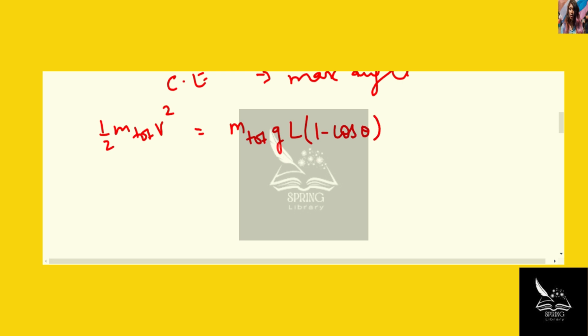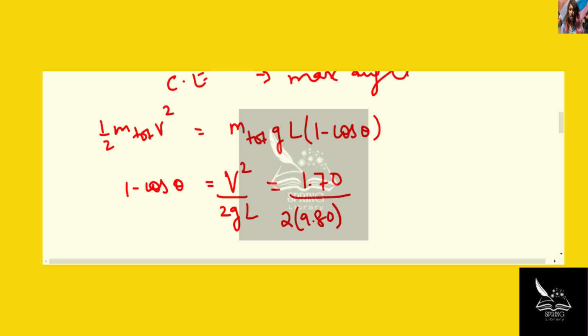Now solving for theta, it gives 1 minus cos theta equals V squared upon 2gL, and putting the values, 1.70 squared upon 2 into 9.80 into 15.9 we have, and that is equal to 0.00927.